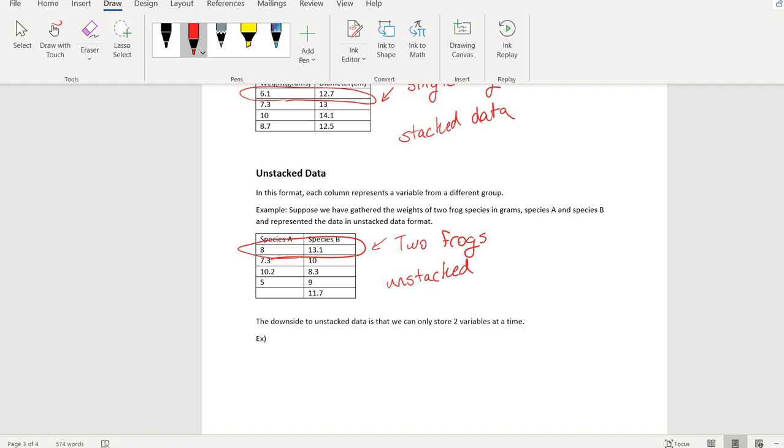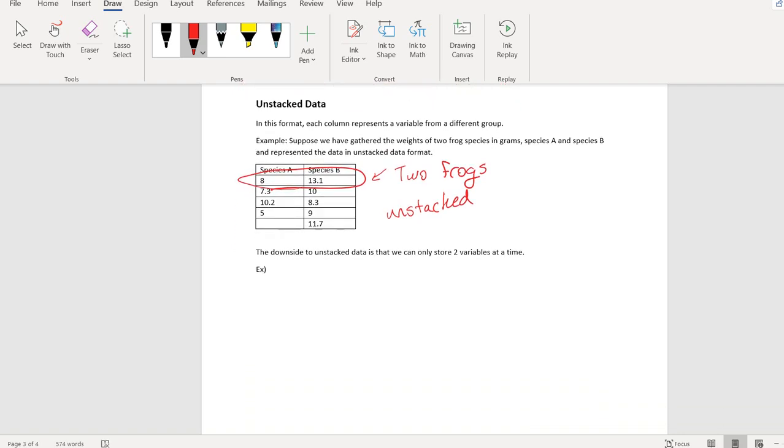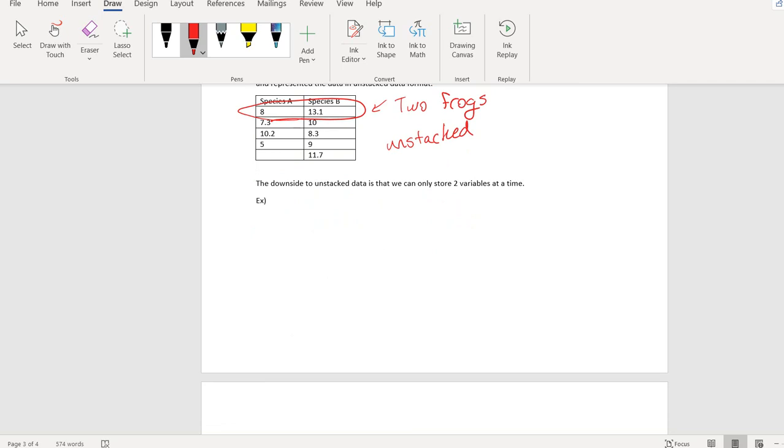This is useful if we wanted to compare one species to another species. The downside to unstacked data is that we can only store two variables at a time. So, for example, let's say that we're looking at pizza toppings and we have pepperoni and cheese, and we also have Hawaiian pizza.